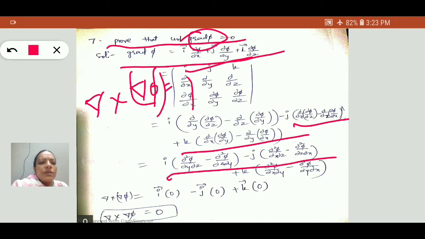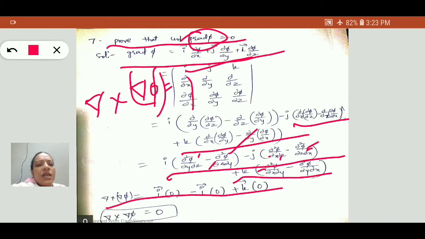Here ∂/∂y of ∂φ/∂z is ∂²φ/∂y∂z, minus ∂²φ/∂z∂y. Similarly the j coefficient is ∂²φ/∂x∂z minus ∂²φ/∂z∂x, and the k coefficient is ∂²φ/∂x∂y minus ∂²φ/∂y∂x. These cancel each other, so the curl of gradient φ is equal to 0.